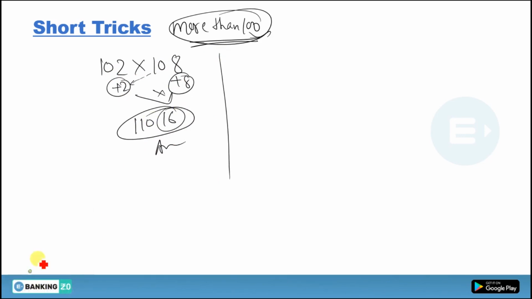Okay, if you want to make your calculation fast, you have to learn these tricks. If you multiply 109 by 117, okay, what you're gonna get? This one is plus 9, this one is plus 17. 17 into 9, so this one is 153. You're getting 53. Now add this 9 to this 117, or this 109 to this 17.